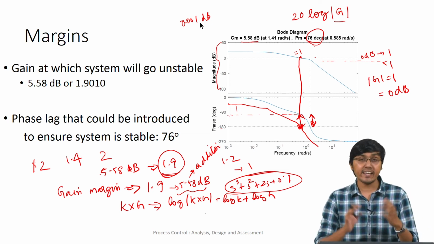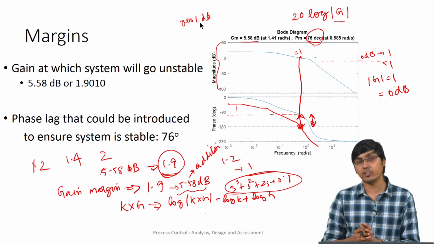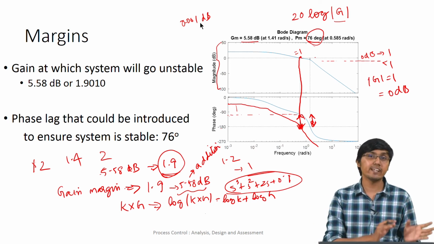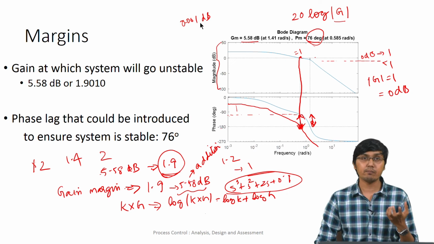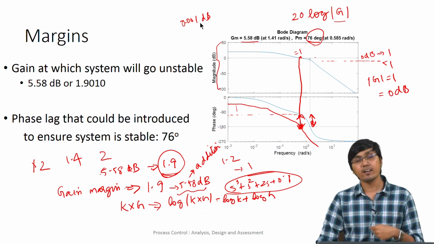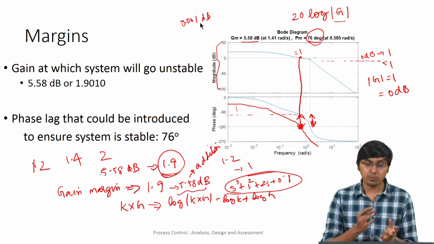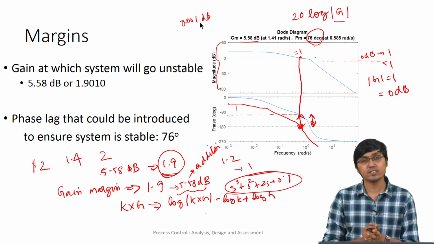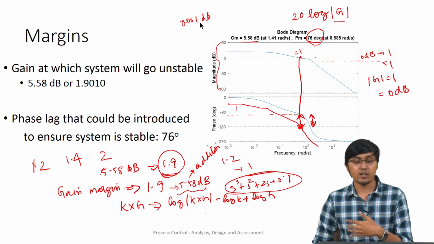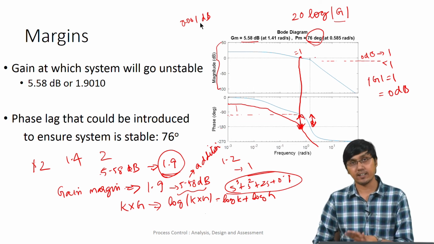So a higher gain margin and higher phase margin tell us that from a stability point of view we are safe. A smaller gain margin and phase margin is not desirable, because it means that a small error in the modeling or a small change in the system parameters is going to push the system to unstable.